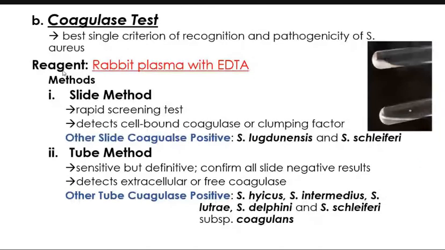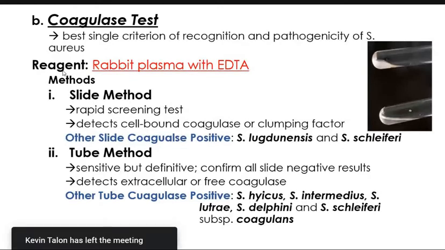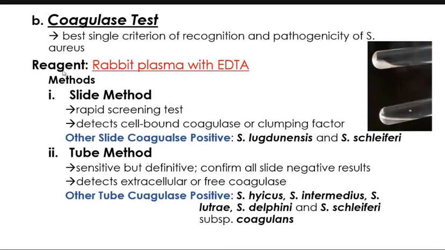So why do we get into the tube method? It's just to confirm all negative slide results. Kasi di ba dalawa nga ang coagulase na present kay Staphylococcus. Pwede siyang bound o free.